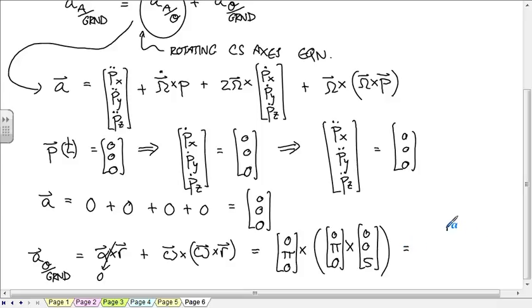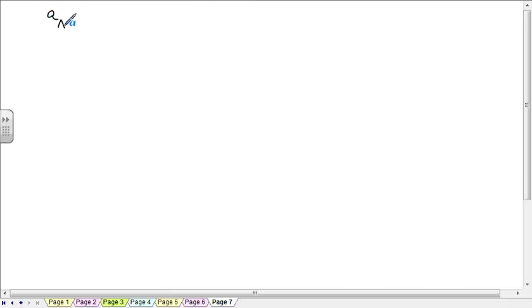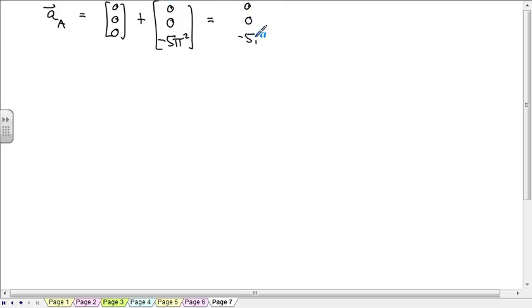And so you get 0, 0, negative 5 pi squared. And so the final answer for the acceleration of the astronaut is 0 plus 0, 0, negative 5 pi squared. Same thing as we got the other two ways.